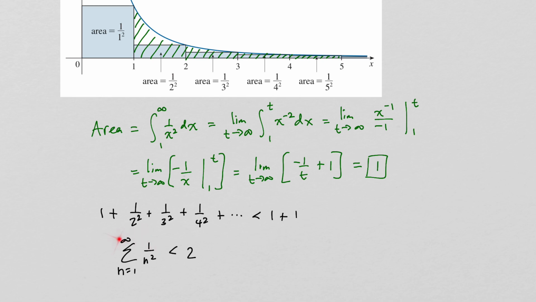In other words, the partial sums are increasing, but they are always less than 2. And because of this, we know that the limit as n goes to infinity of the partial sums definitely exists and is equal to some number that we will call s, where s is the sum of the series. And we know that this sum is less than 2. So basically what we've proven here is that the series converges.